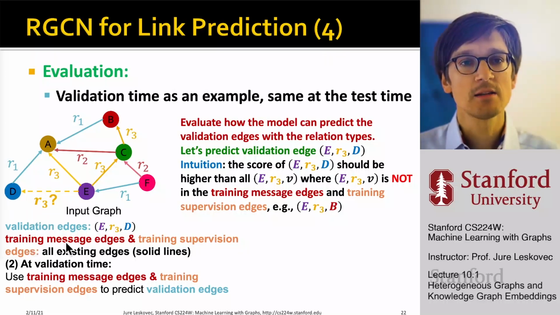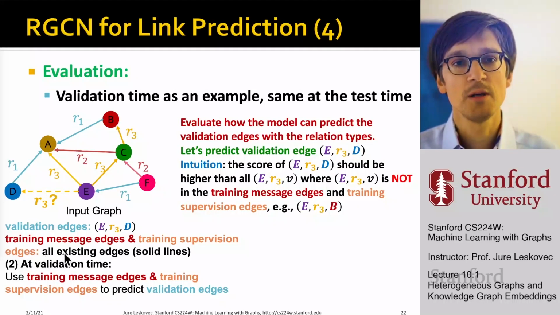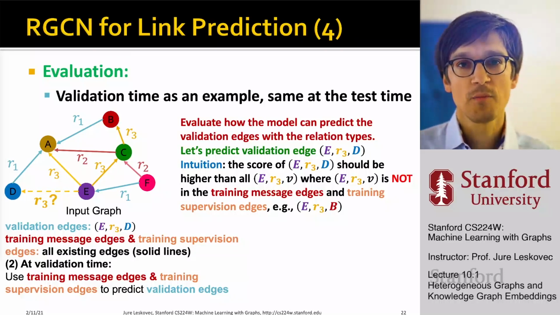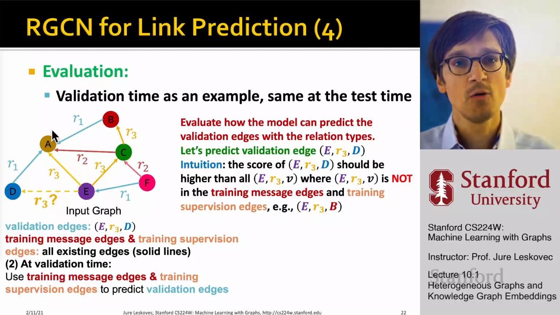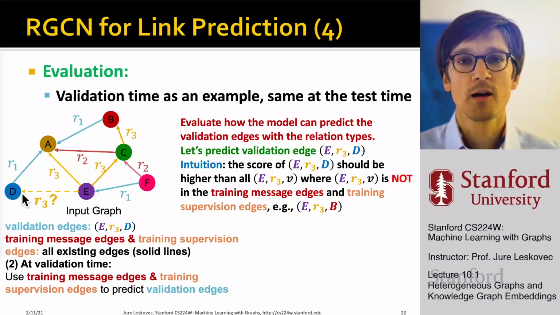Then in this case, training message edges and training supervision edges basically means, in my example, all existing edges of the graph are used for message propagation. And then at the validation time, I'm basically using all these solid edges to do the message propagation, and I'm trying to score the value of this particular edge from node E to node D.